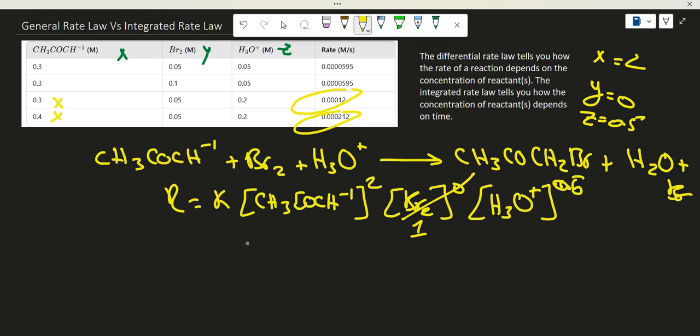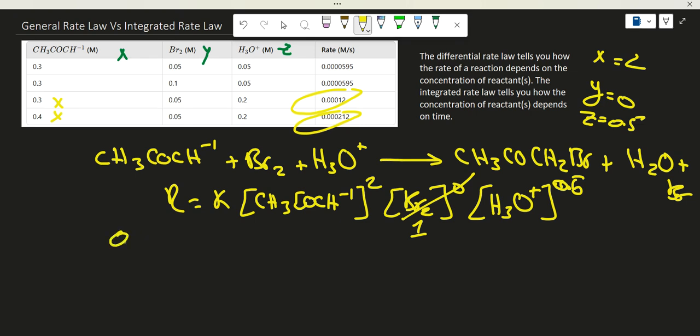Now we need to evaluate K. To evaluate K, just substitute any of these lines. I'm going to substitute the third line, because it has 0.00012; we'll deal with five small places.